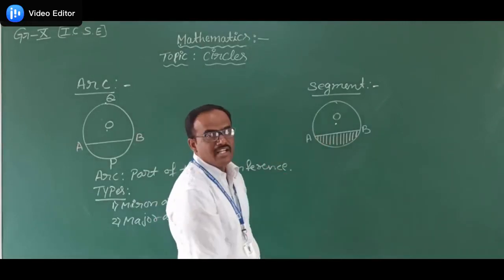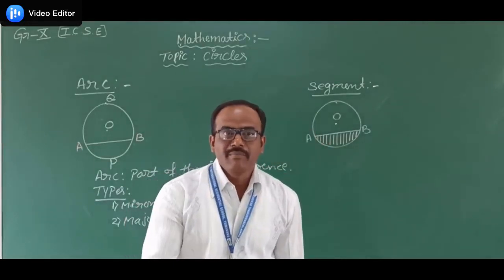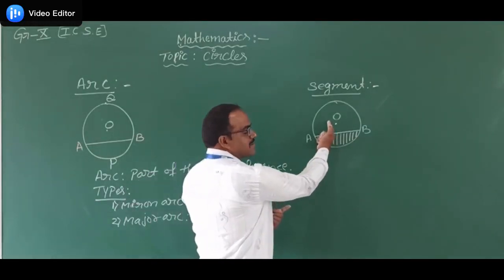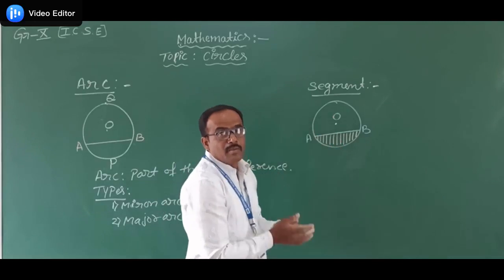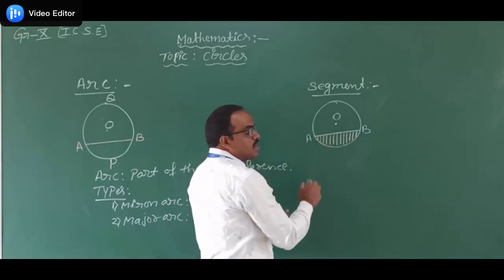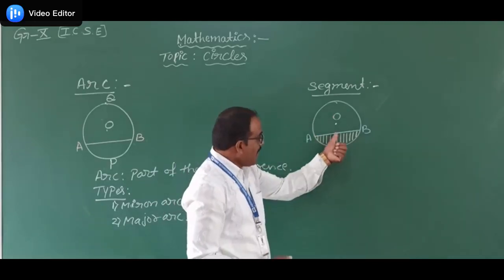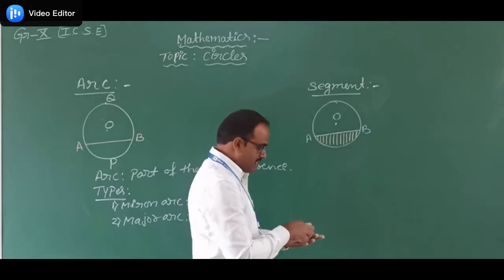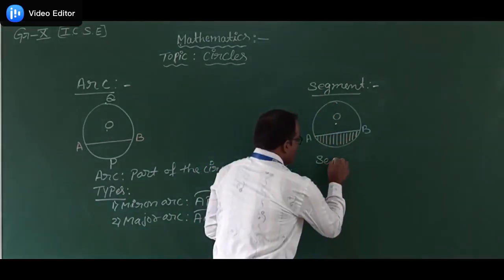Then what is the meaning of the segment? Segment is a part of the circle. It is one of the parts of the circle, either the larger part or the smaller part, but this part is bounded by a chord and an arc. That's what is called a segment. So what is the meaning of the segment?